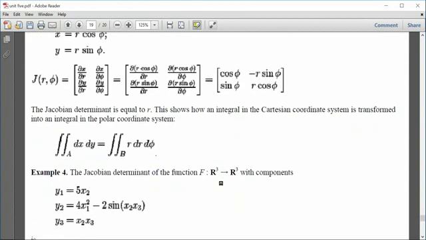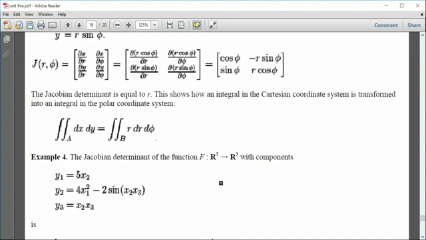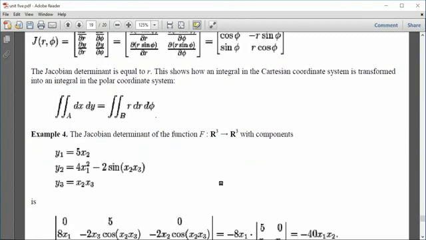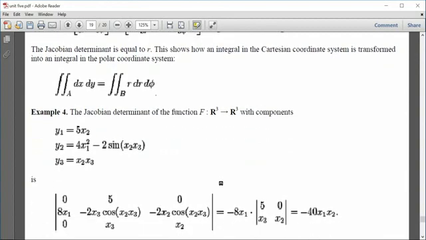The double integral of f of xy over the region A in the xy plane is equal to the double integral of f over the region B in the rθ plane.